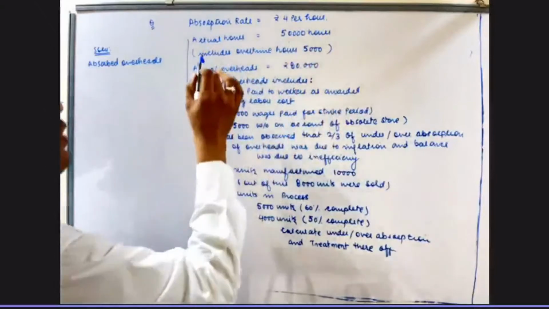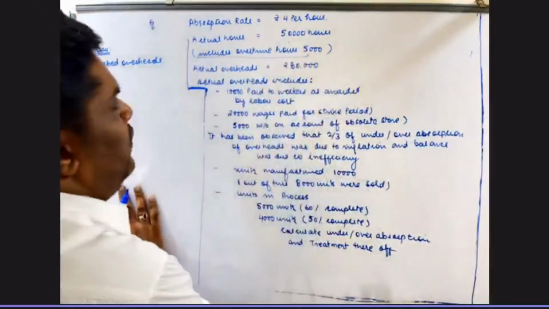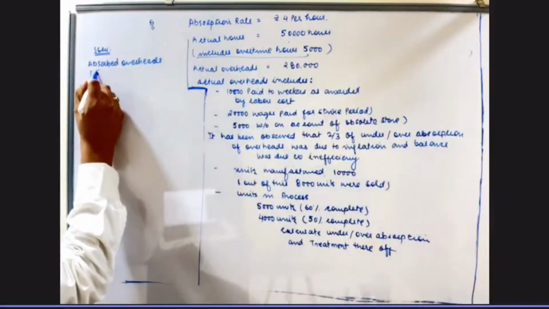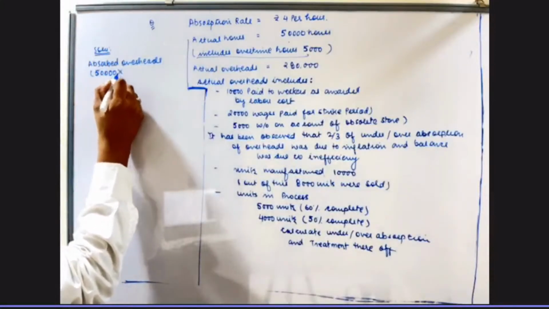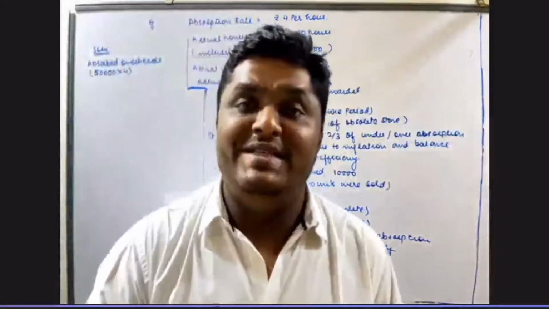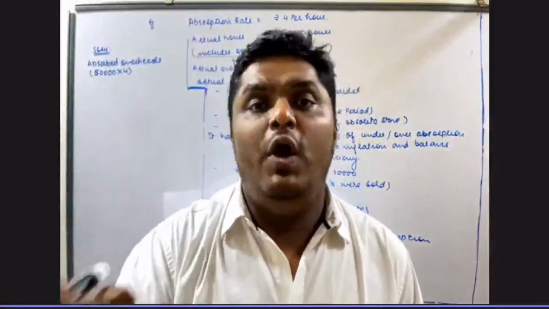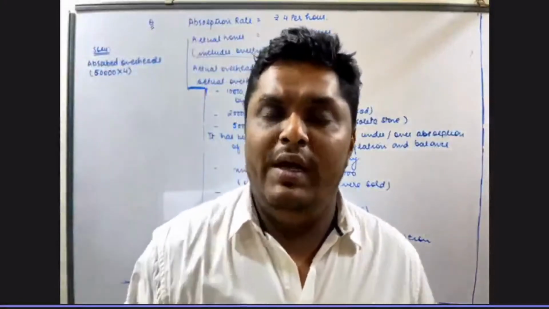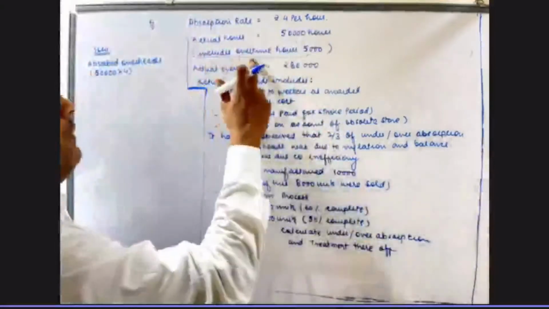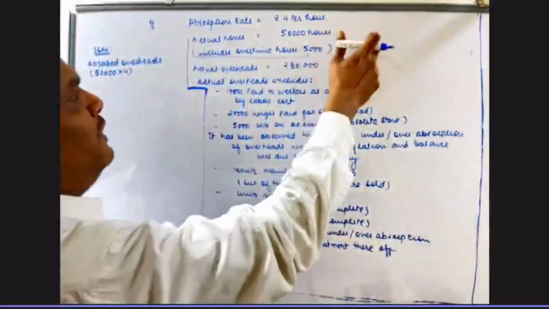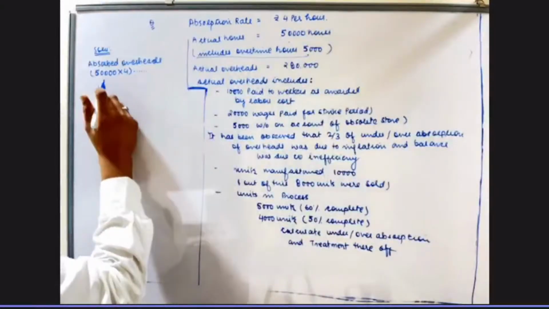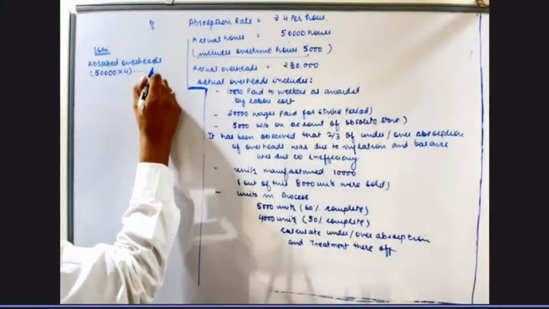Ignore overtime. Overtime is a part of normal hours only, so it is to be ignored. You have to ignore overtime hours. But if it is abnormal idle time hours, then you have to reduce it from the actual hours. Herein, it will be treated as a normal part of duty hours. So 50,000 into 4, that is 2 lakh rupees.